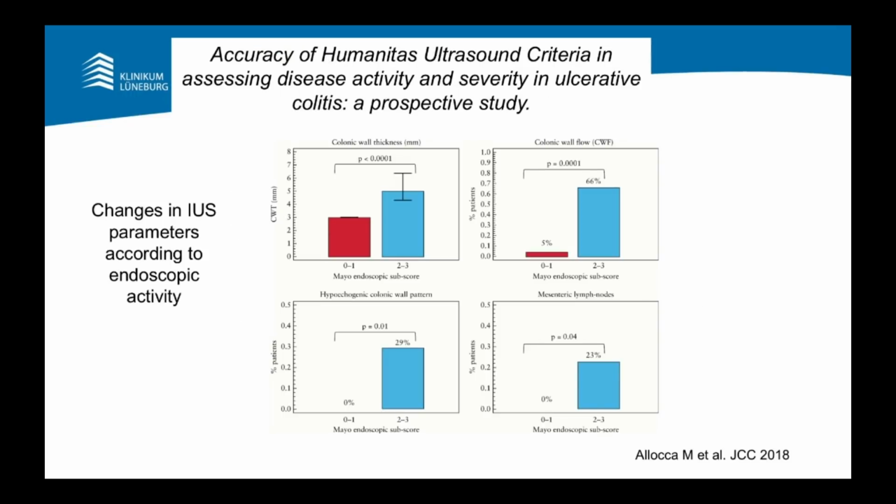Another monocenter study more recently from 2018, 53 UC patients, 56% with left-sided colitis, 90% with pancolitis, were prospectively enrolled. 22 patients had mucosal healing, defined as a Mayo endoscopic subscore of 0 to 1. 31 patients were in endoscopic activity.